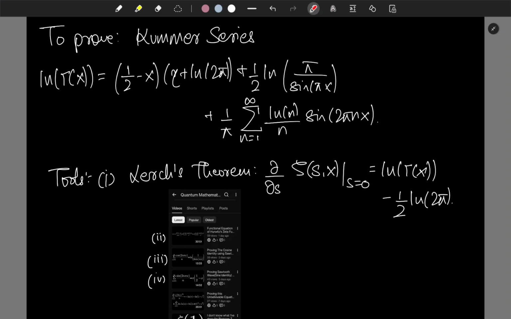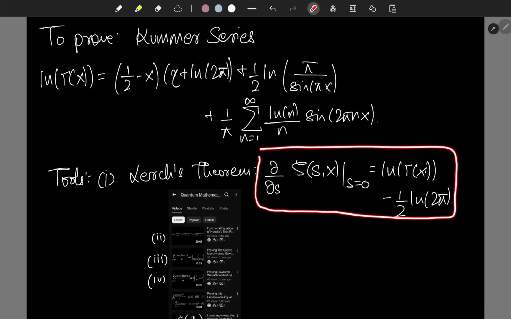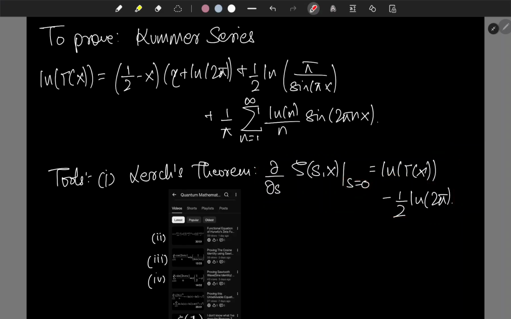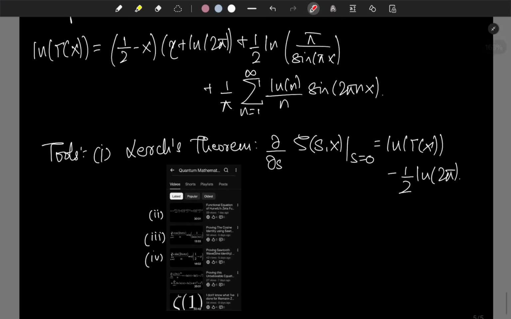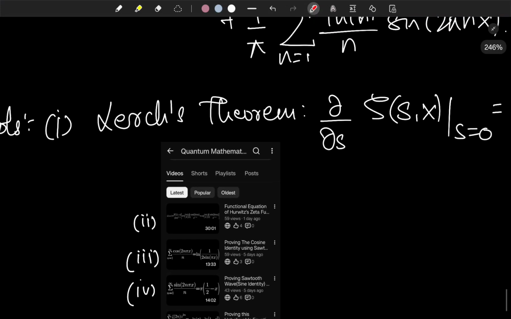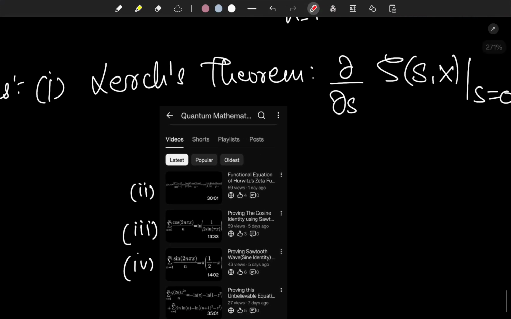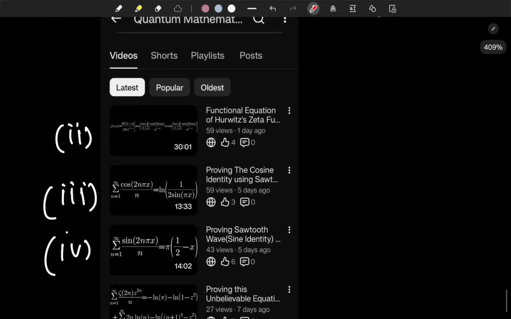But it's all right, I'll make a video on that, don't worry. So we have the derivative of the Hurwitz zeta function evaluated at s equals 0 as the natural logarithm of the gamma function minus 1 over 2 times the natural logarithm of 2 pi. That's quite an amazing thing. I have tried to prove this, but unfortunately it's quite difficult, I would say. But it's all right, I'll prove that.